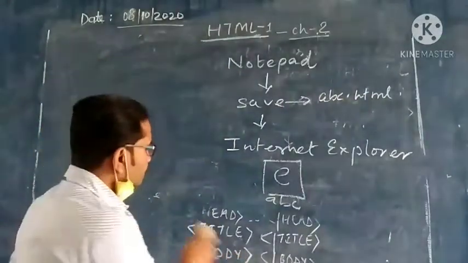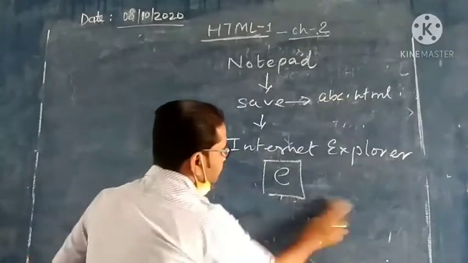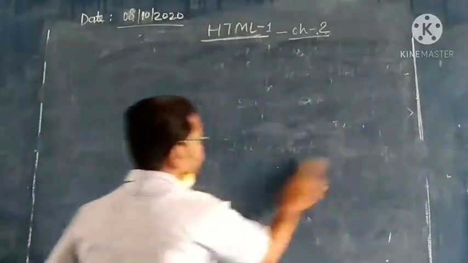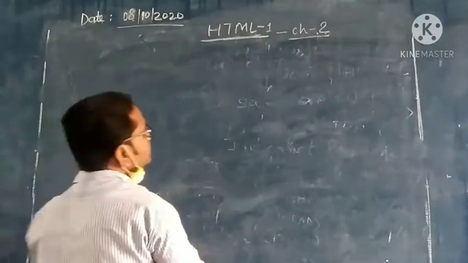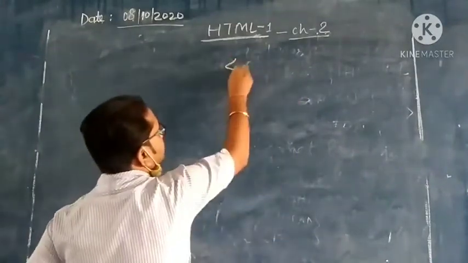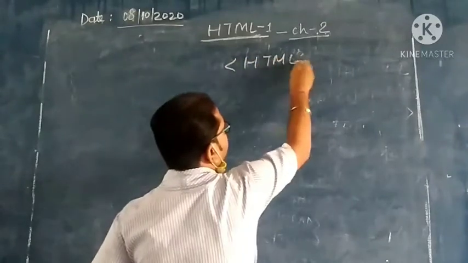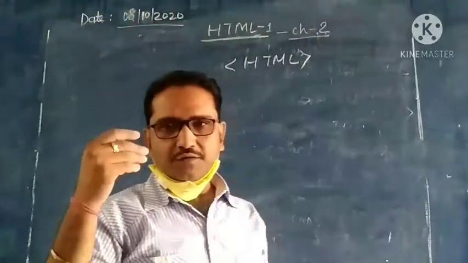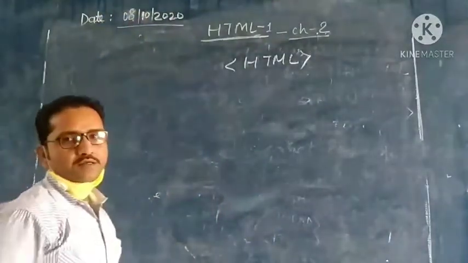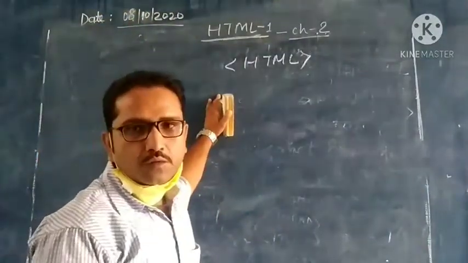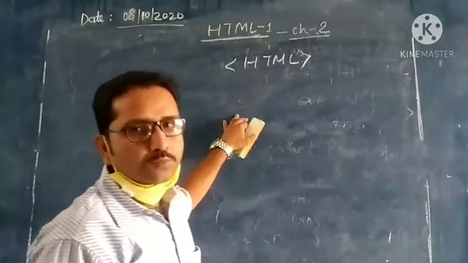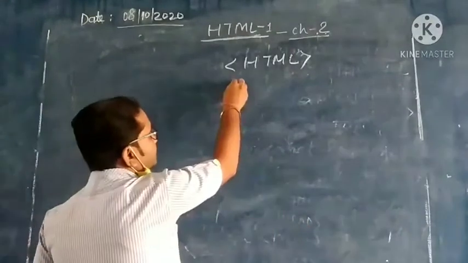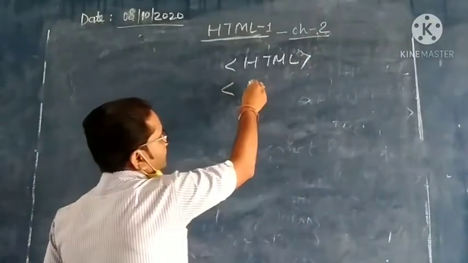Now we are going to write the syntax of HTML. How do we write the syntax? This is the basic way of writing HTML in Notepad. We have to write these commands in Notepad, and to run this file we have to use Internet Explorer.